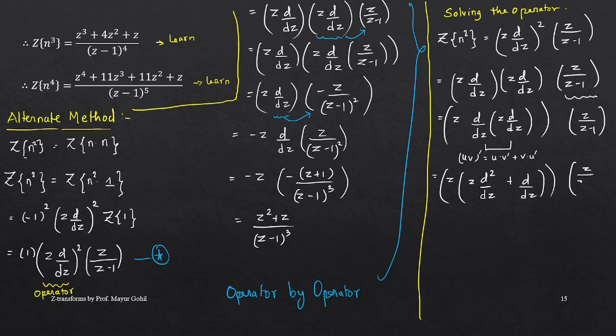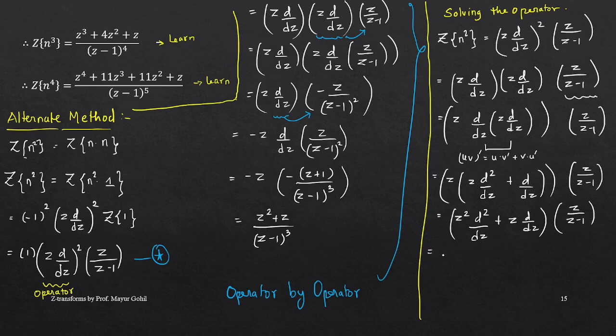So what we got is z square d square over dz square plus z d by dz operating over z over z minus 1.